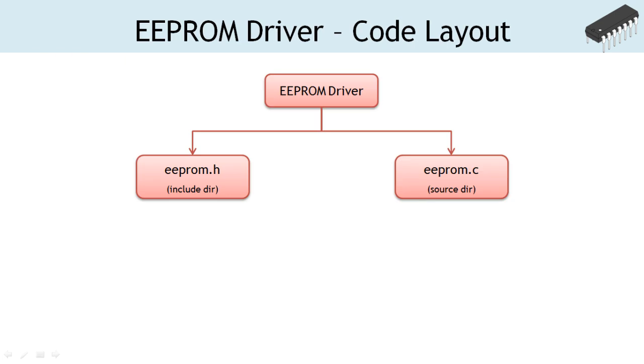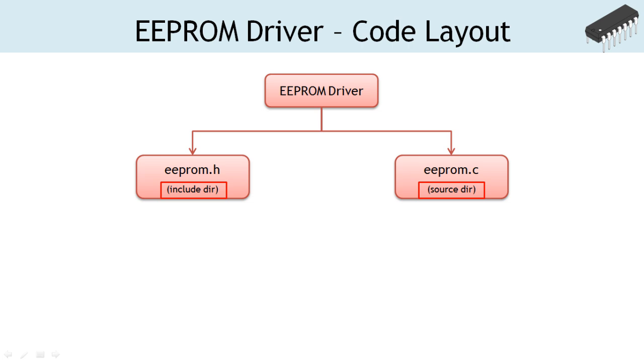The implementation of the EEPROM driver is split into the EEPROM.h header file and the EEPROM.c source file. The header file is placed in the include directory and the EEPROM.c file is placed in the source directory. The header file contains the prototypes of the functions exposed by the EEPROM driver.